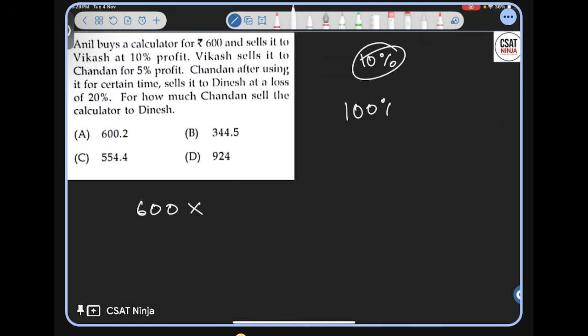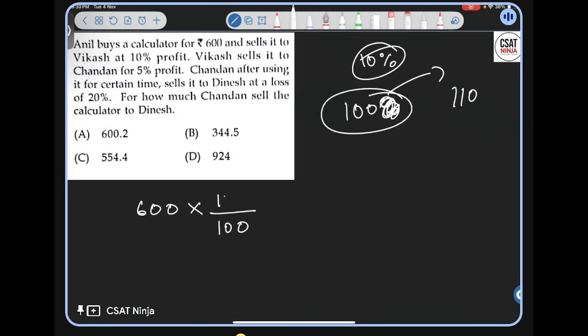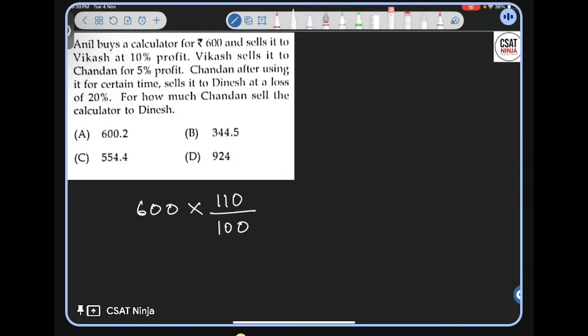If I bought it for 100 rupees, then with 10% profit, can I say it is 110? So I'll do like this. 100 rupees, I'm selling it for 110 rupees, because there is a profit of 10%.